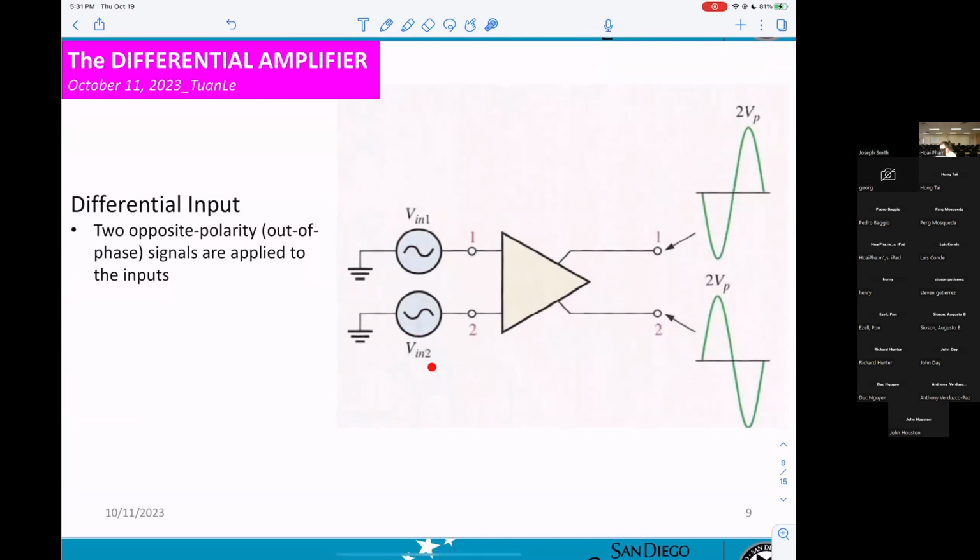V in 1 and V in 2 have to be out of phase, cannot be the same phase. Then you can get output 1 and output 2, and they will be opposite. But the important thing here is, when you apply the signal into both inputs of the differential amplifier, those inputs must be opposite, cannot be in phase.